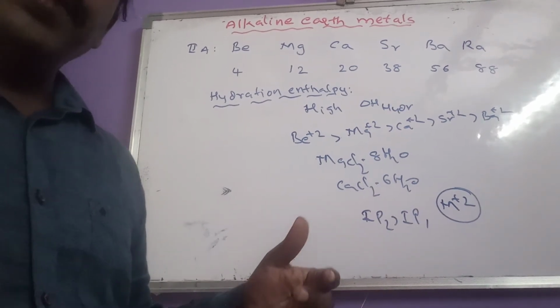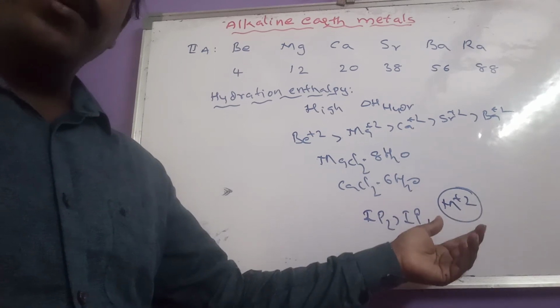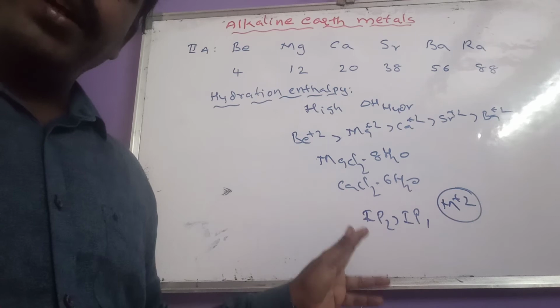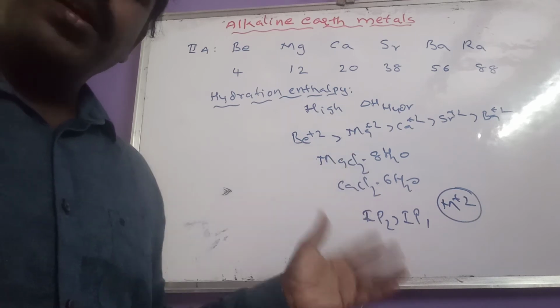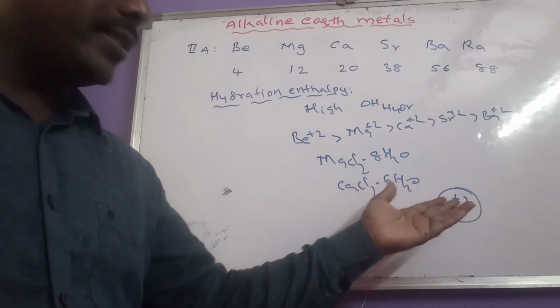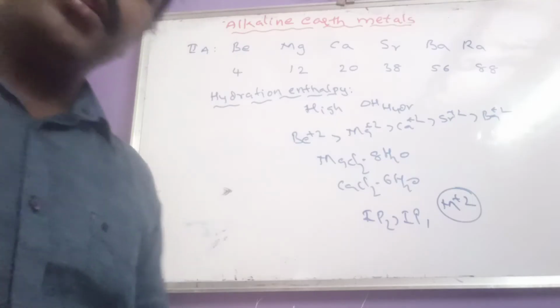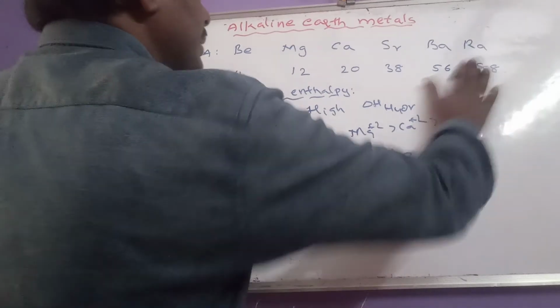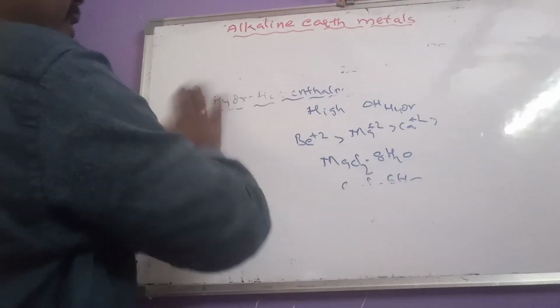So due to the domination of the heat of hydration of these alkaline earth metals over their second ionization potential, they can exist in the +2 oxidation state. Okay, this is regarding the heat of hydration.